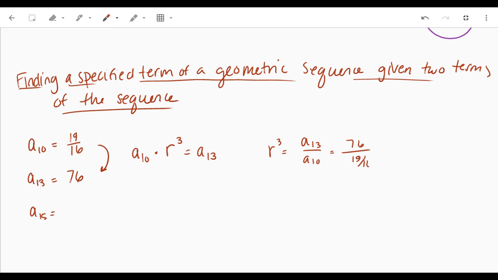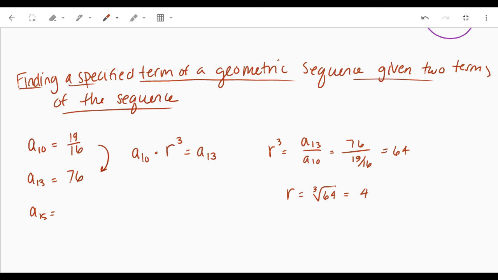19 over 16. Okay, and I'm going to assume they're going to let you use your calculator for this, but that comes out to be 64. Okay, so they're going to give you some nice numbers here at least. So if r cubed is 64, r is the cube root of 64, okay, which is 4.